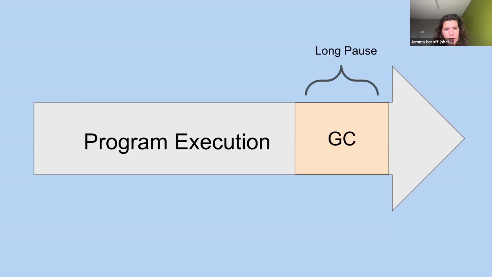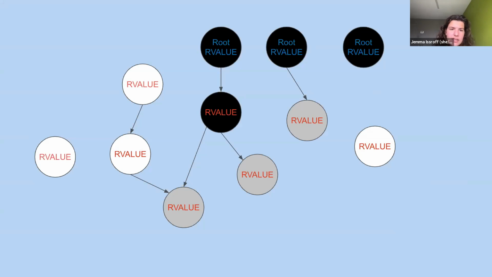And so you can think if without this gray state, you would have program execution, and then you might have to take a really long pause for garbage collection. And if that happened at an inopportune moment, that could cause real issues in the execution of your program, right? A user could see, like, waiting for a few seconds or something like that, just randomly. So we use the gray state to allow us to pause and keep an intermediary state of garbage collection.